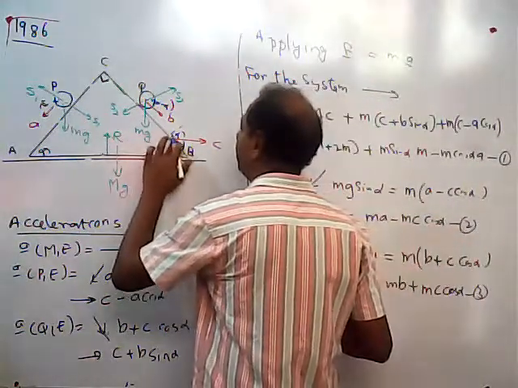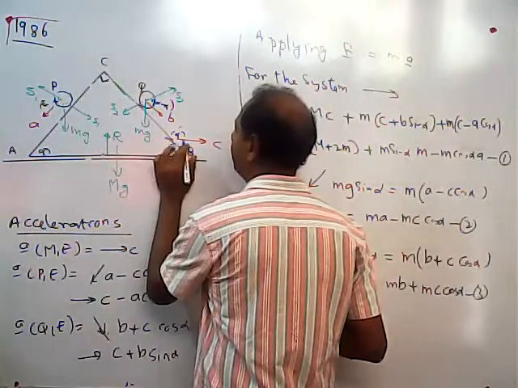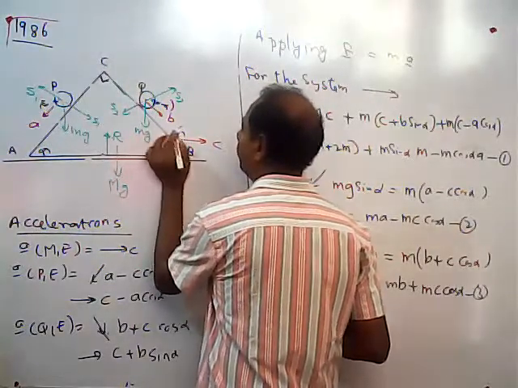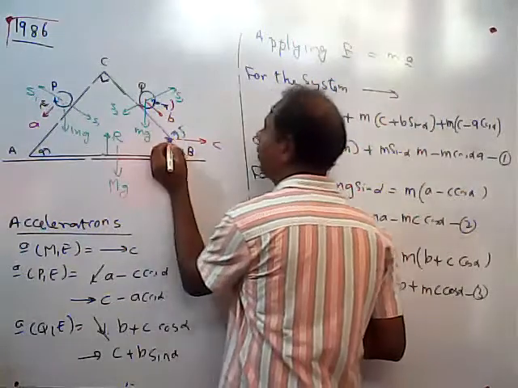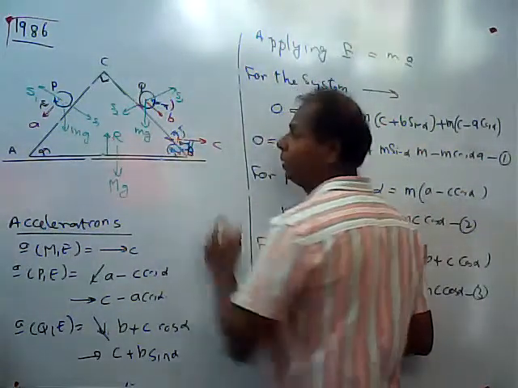This is the thing, this angle is 90 minus alpha, this angle is alpha, this will also be 90 minus alpha.